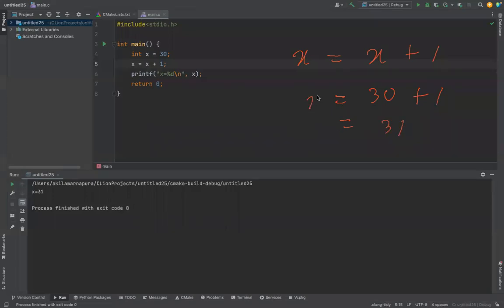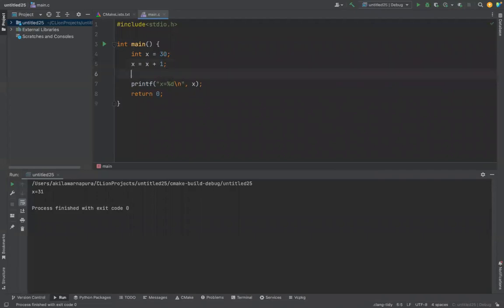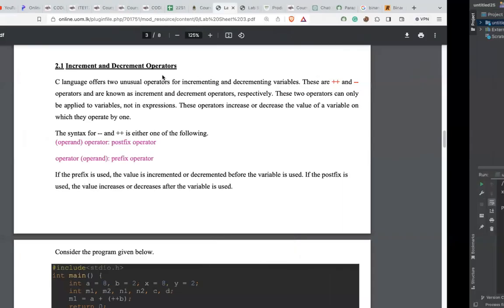Then that 31 is going to be assigned to x. Now the previous x value is discarded and 31 is the new x value. That is the meaning of this. I think you guys can understand this expression.